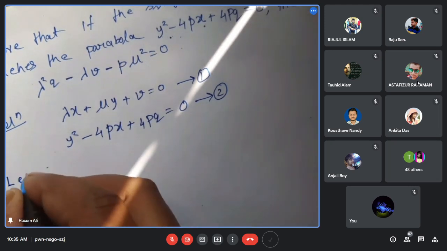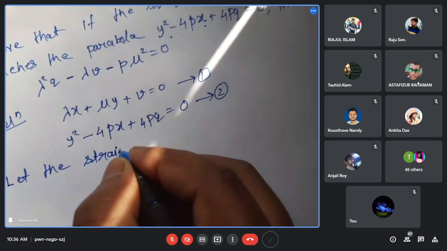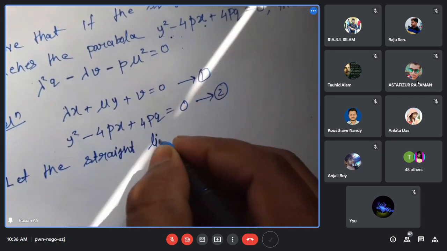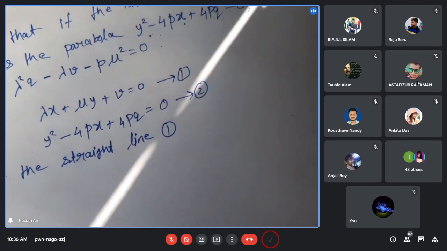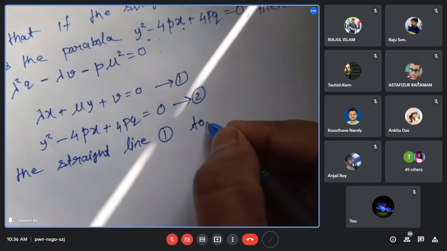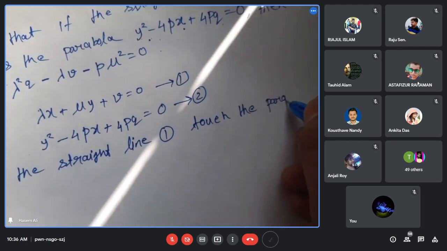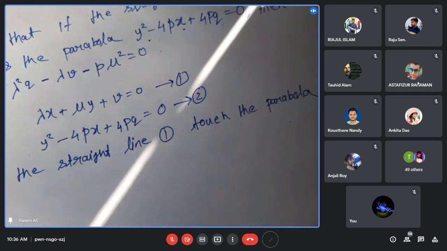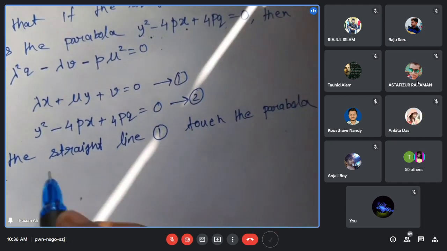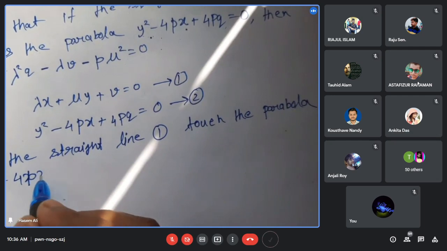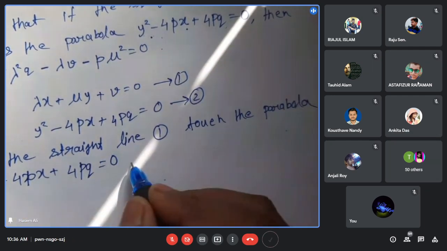Let the straight line lambda x plus mu y plus v equals to 0 touch the parabola y square minus 4px plus 4pq equals to 0.